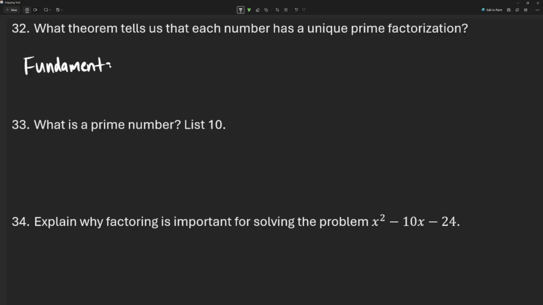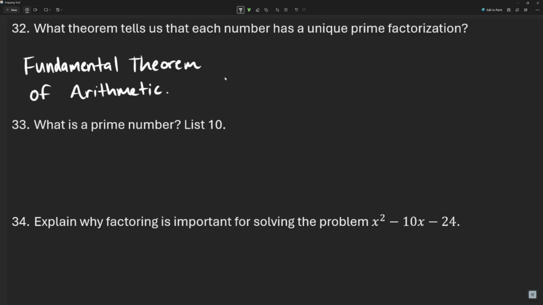It's like an idea that gets tested and proven over time. The fundamental theorem of arithmetic. I believe that's what it is, right? That's what I've been saying, right? The fundamental theorem of arithmetic.